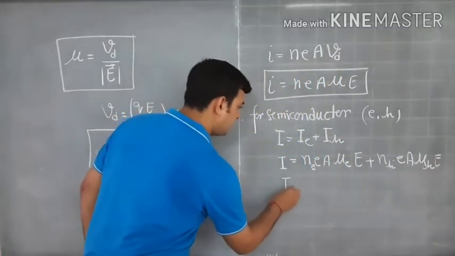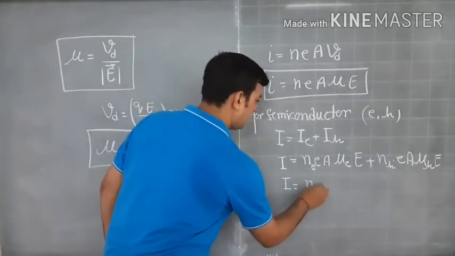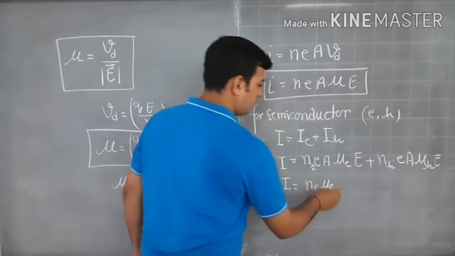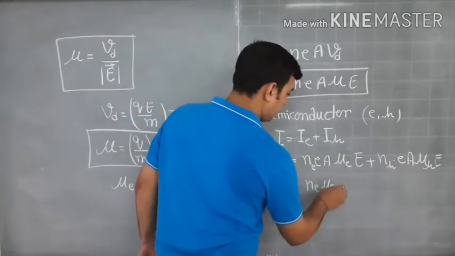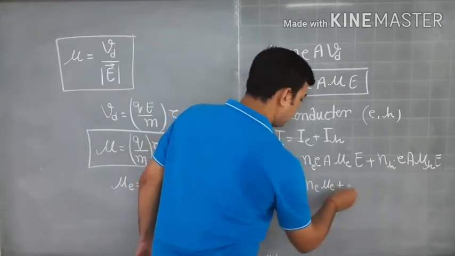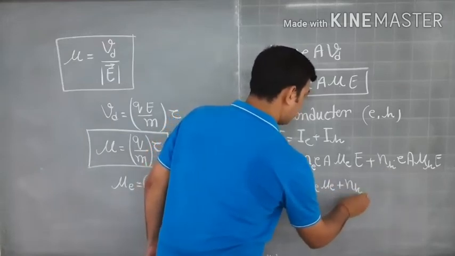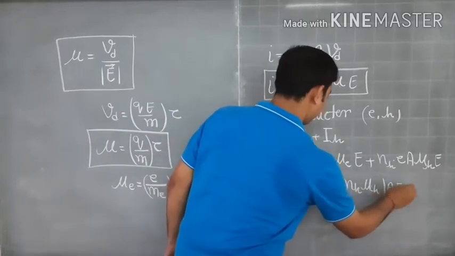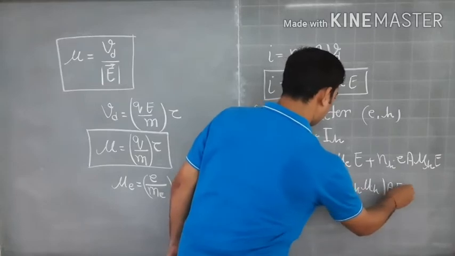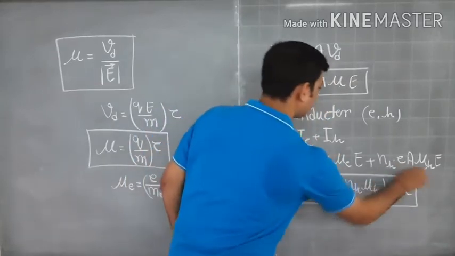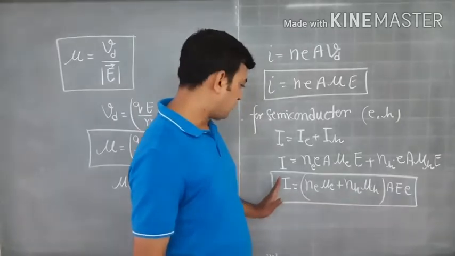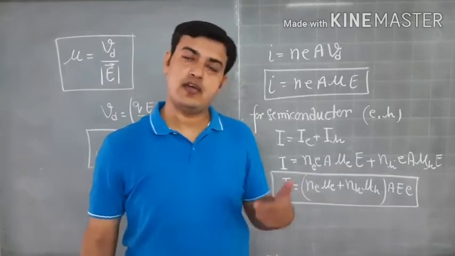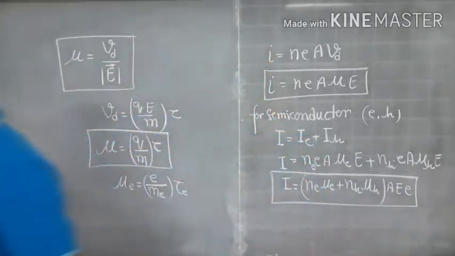So if I summarize it, I get I = A e E (n_e mu_e + n_h mu_h). So this is the total current for a semiconductor which contains electrons as well as holes.